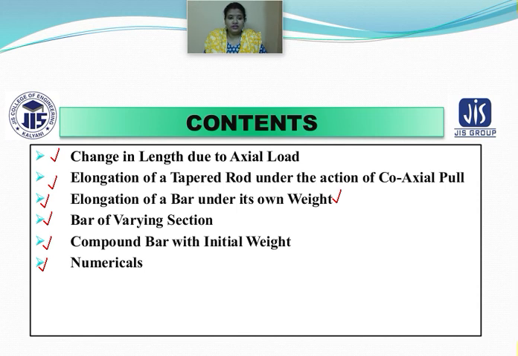From there you can see how the change in length is calculated for that type of bar. Ultimately, we are going to calculate the elongation of the bar, which is none other than the change in length, that is del L. That is the final calculation we need to find to get the desired output of our study.